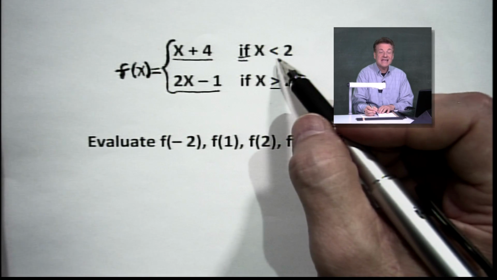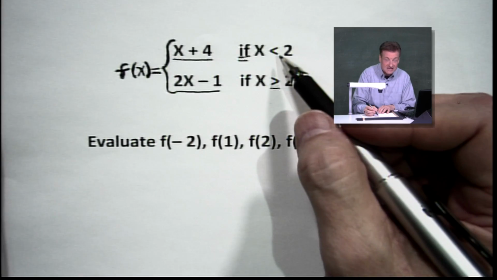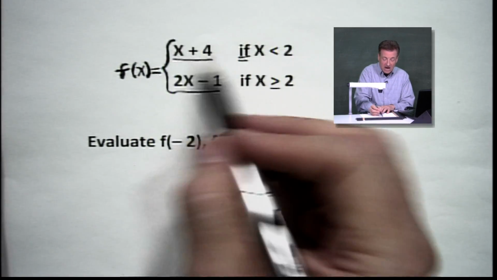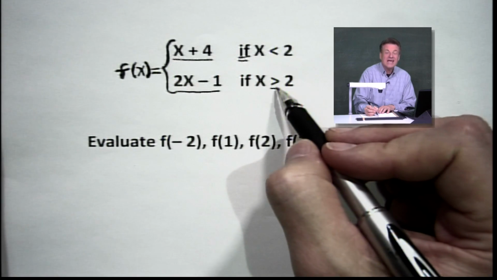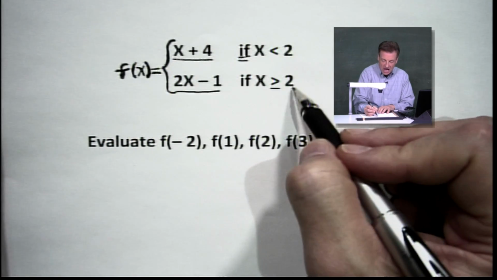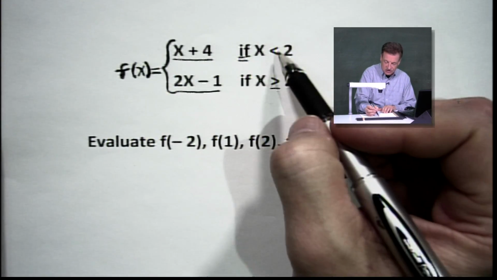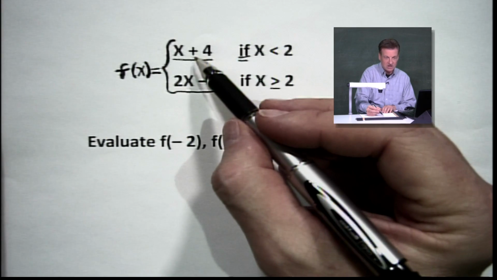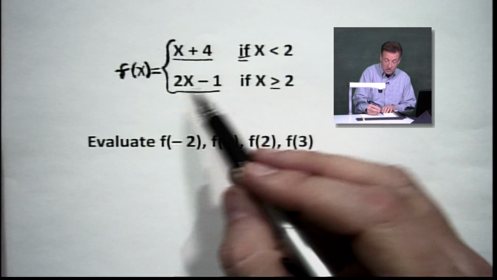Anything that is less than 2, or 1.9999999, is still less than 2, I'm going to use this little guy right here, x plus 4. If it is greater than or equal to 2, here's the option for us. Now notice, we've covered all possible values of x. If x is less than 2, we use this first equation. If x is greater than or equal to 2, we use our second one.